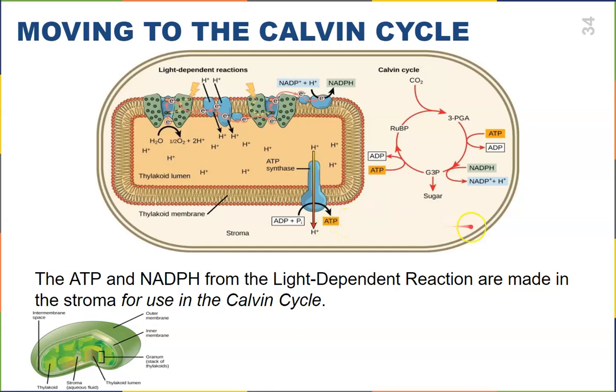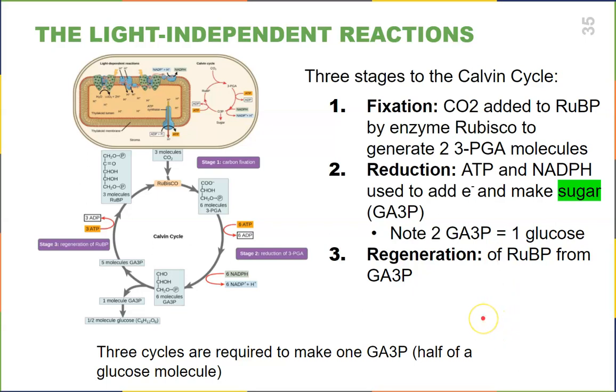What is created by the Calvin cycle that we're really interested in is sugar molecules. They create a molecule called G3P. We'll look at what that is, but it is basically a building block for sugar. All right, there are 3 steps of the Calvin cycle. The Calvin cycle is pretty simple compared to the cellular respiration steps we saw before.